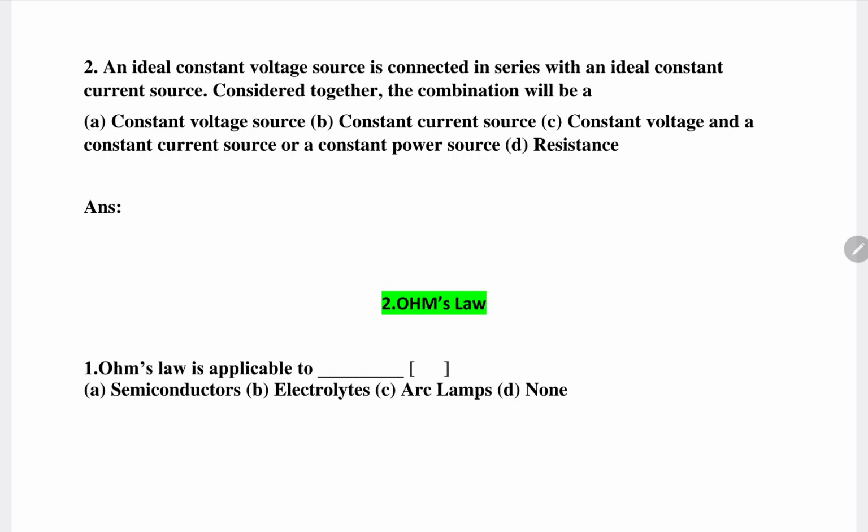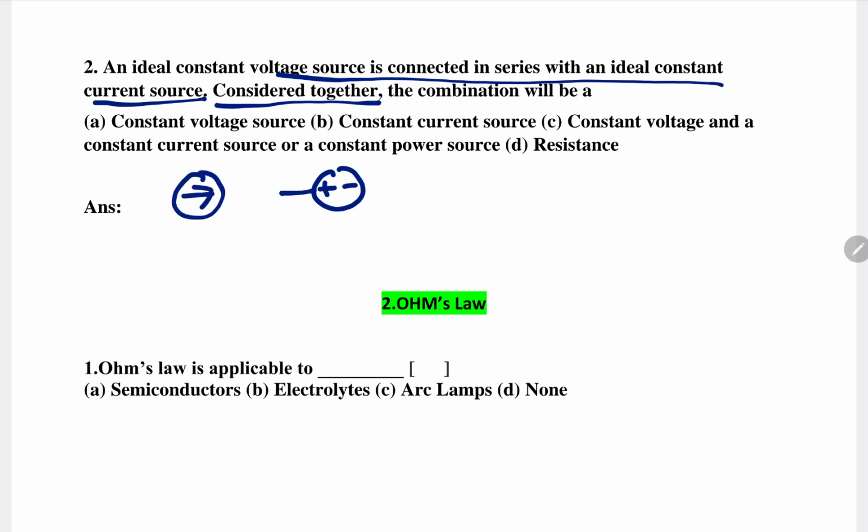Next, let us see. An ideal constant voltage source is connected in series with an ideal current source. Considered together, the combination will be A. Actually, practically we don't connect like this.